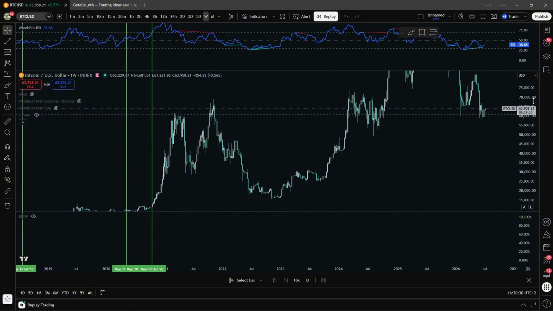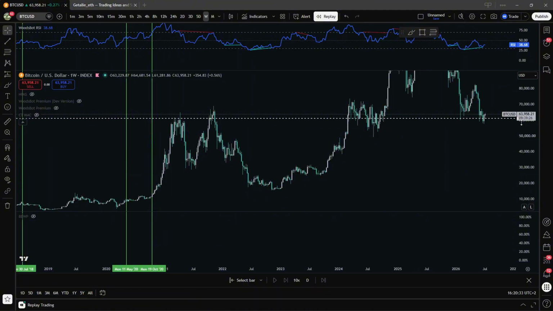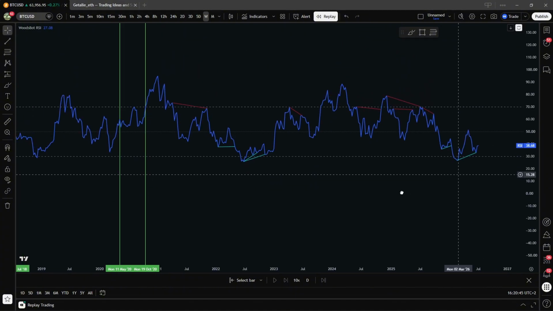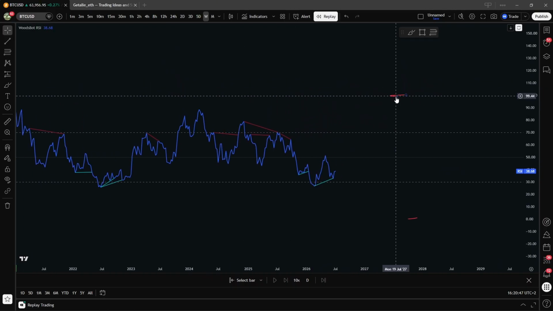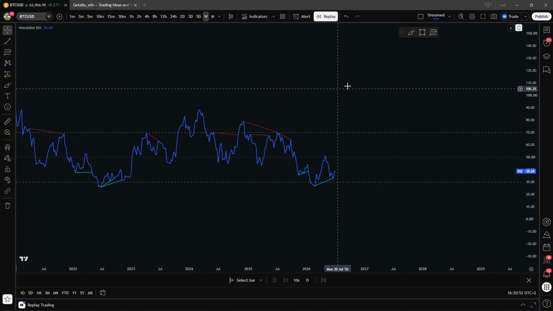Now, I want to talk about the RSI indicator and how most people use the indicator. Most people just think of RSI when it comes to the overbought and oversold area. What is the overbought and oversold area? Basically, overbought and oversold on the RSI means these two zones.